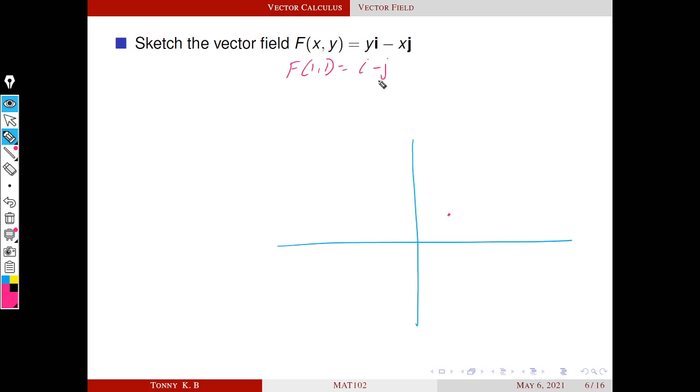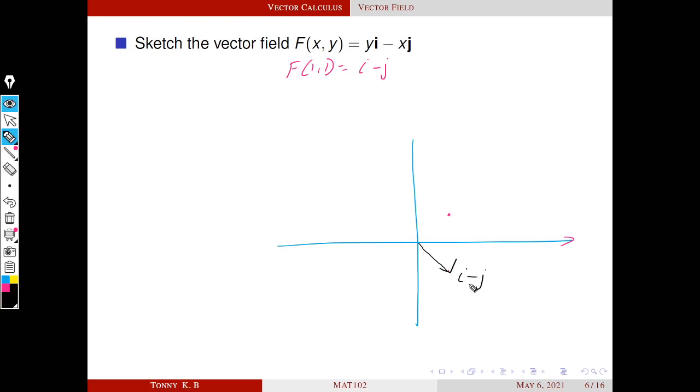That's the idea. So what is i - j? i - j means in the x-axis its value is 1, and in the y-axis it is -1. So the point is somewhere here, and this is the vector i - j.